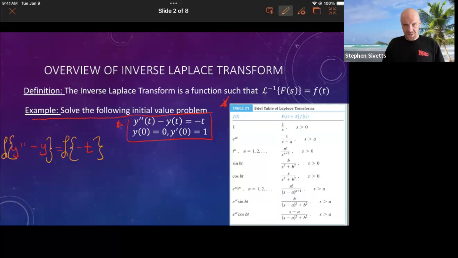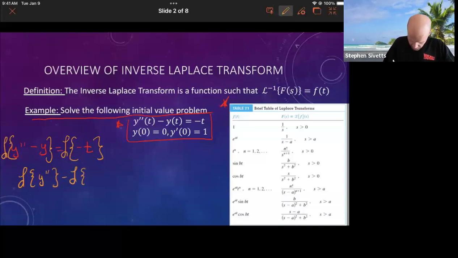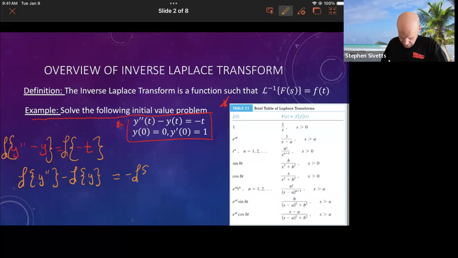Okay, so what this looks like is we have the Laplace transform of y double prime minus the Laplace transform of y, okay, equals minus the Laplace transform of t. Okay.